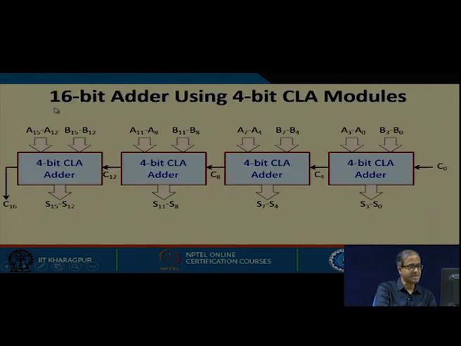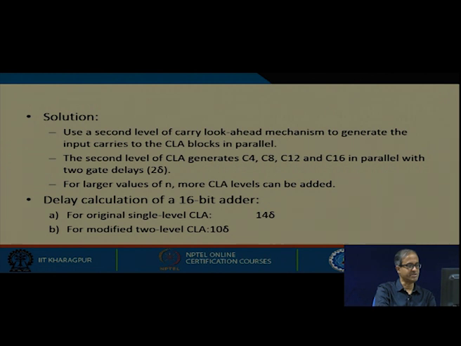At a higher level, let us have another carry look ahead circuit, for which you can derive the equations in a similar way, that will generate C4, C8, C12 and C16 in parallel in constant time. That is quite possible. So you can have a 2-level carry look ahead adder module.